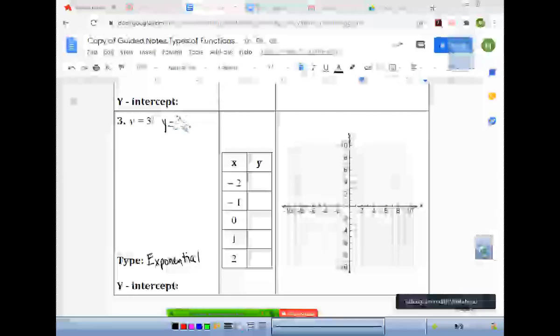So we're going to put 0 in, and 3 to 0 is going to be 1. Yep. So we got 0, 1 for our y-intercept. And I see that as a point in my table right there, 0, 1.